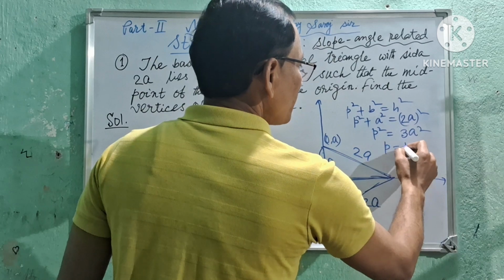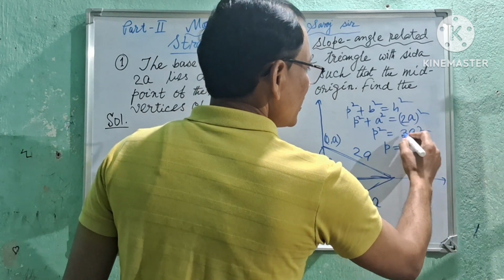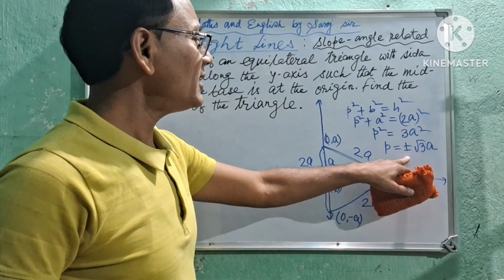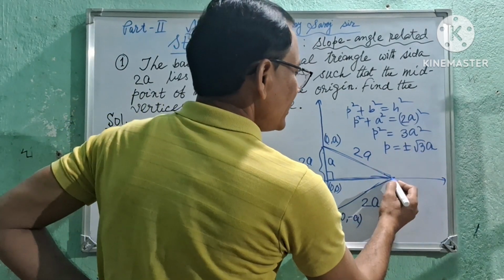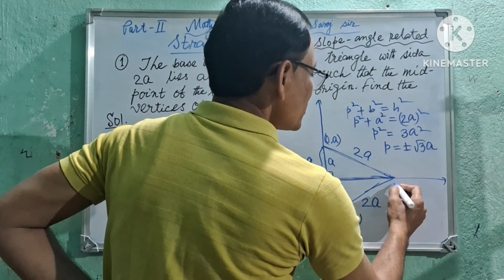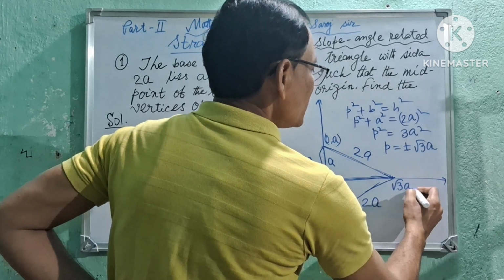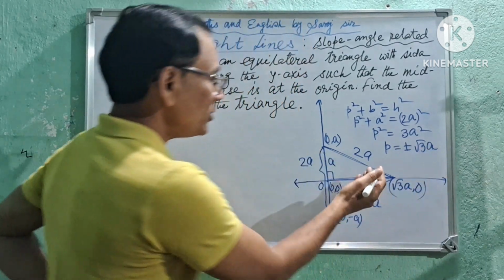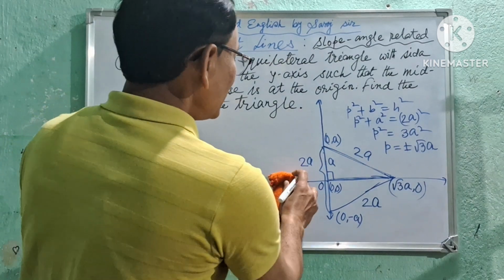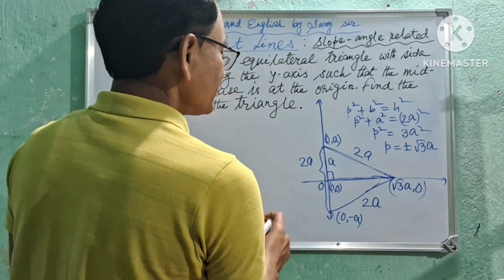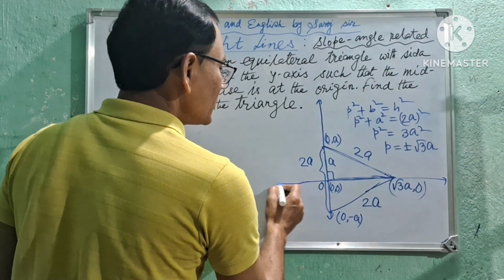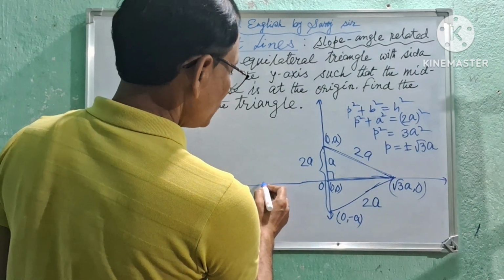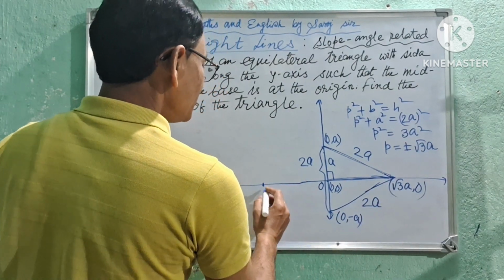P is equal to plus minus root 3a, that is, plus root 3a. This point will be root 3a comma 0, and the minus part will be on this side, minus root 3a.